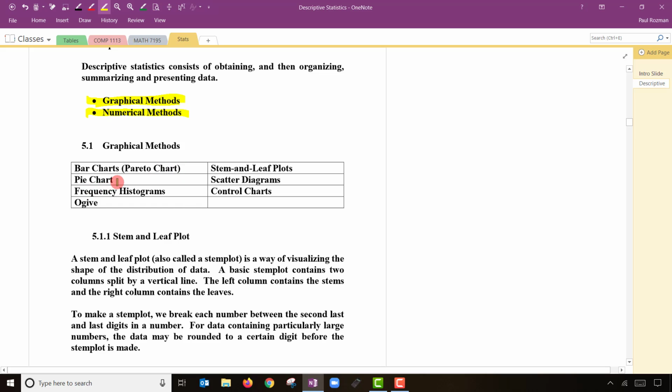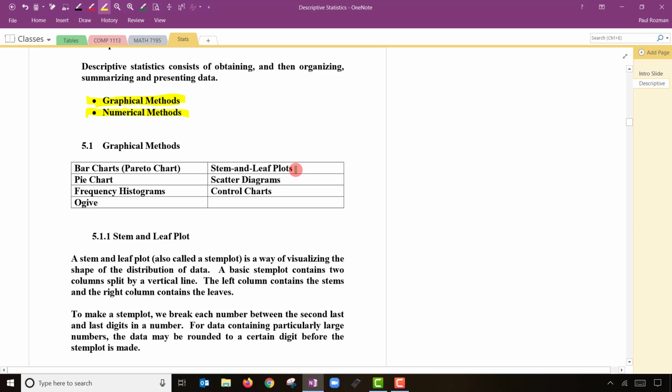Pie charts, looking at percentages of the distribution of various categories. Frequency histograms. Basically, it's like a bar chart, but with numeric values on the x-axis. We'll do examples of these. Ogive, which is a cumulative plot.